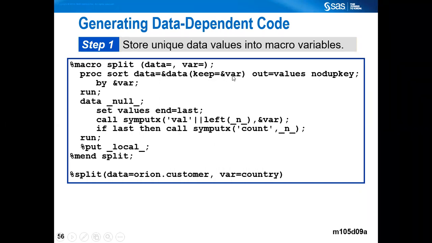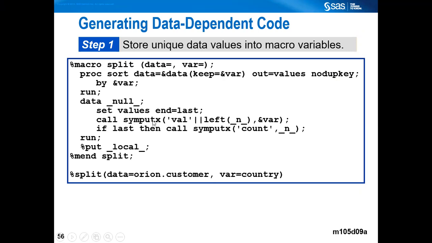Keep that macro variable which you will be sorting on, and of course you will be creating a new data set saved with the sorted values, and you are going to remove the duplicates. Now we will be creating a series of macro variables by using a data step with call input text, but you are not creating any new data set.